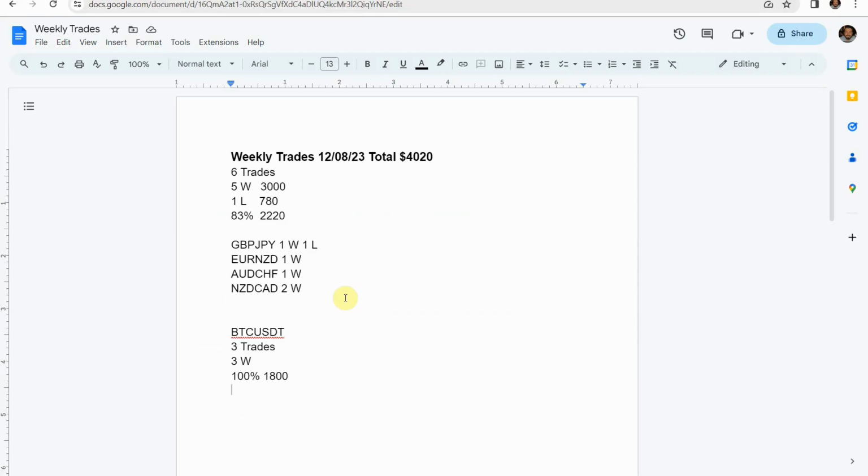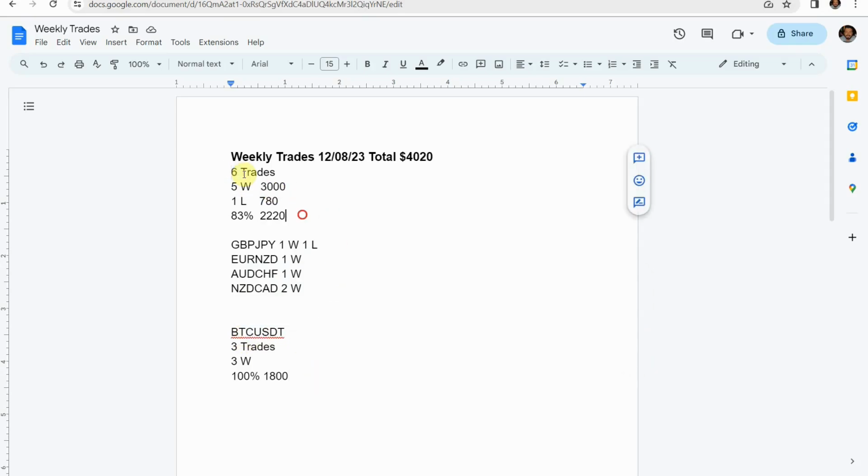Let's go ahead and look at the weekly trades. Now, this is the week ending in 12/8. Haven't done the updated one for this week yet. I'll actually do that today and post it. But so we were tracking the trades of the signals on these 4 Forex pairs and this one cryptocurrency here.